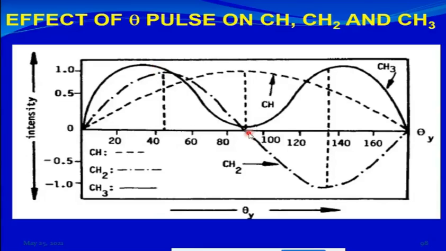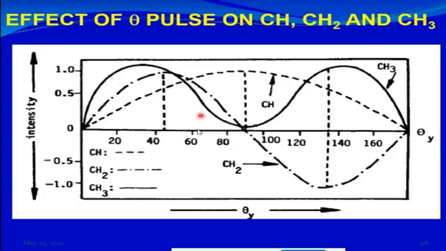What if we give a 90-degree pulse? So if you see here at 90-degree, the wave for the CH is positive. So you will see positive signals for CH, but the waves for CH2 and CH3, they are right on this baseline, which means the amplitude of the wave is zero. If the amplitude of the wave is zero, it means no signal.